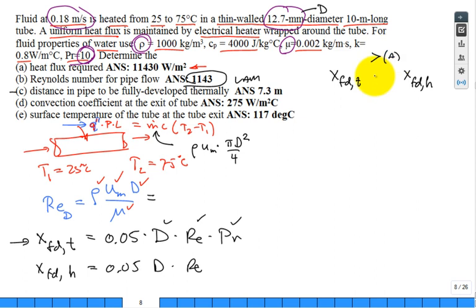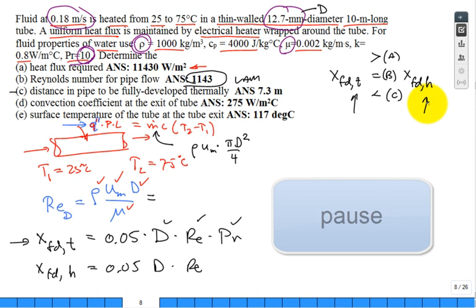Answer A. Equal? Answer B. Or less? Answer C. How do those two distances compare? The thermal entrance length versus the hydrodynamic entrance length.